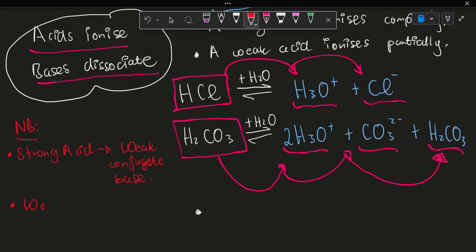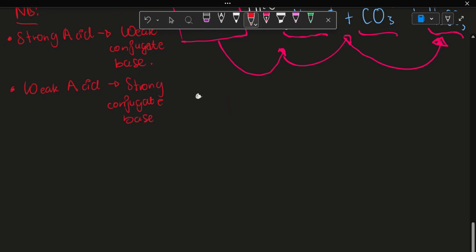Similarly, a weak acid forms a strong conjugate base. Okay, very, very important point, right? Anyway, moving on. Now we look at the bases.